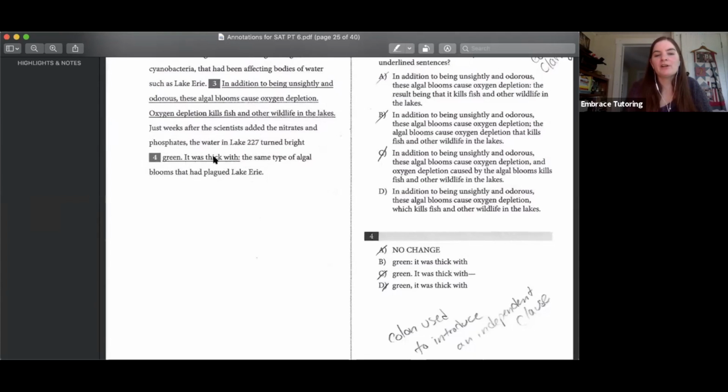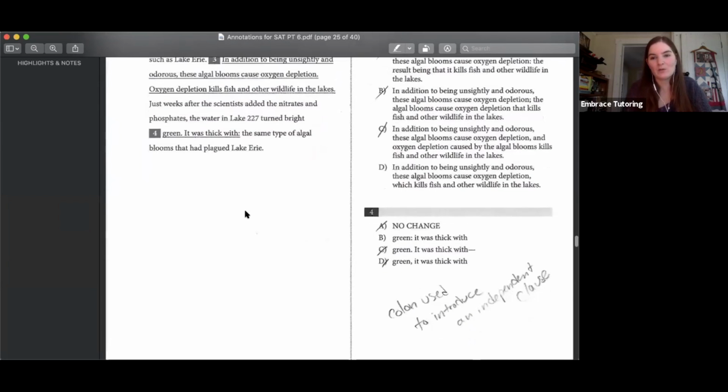So here, we're definitely dealing with a punctuation-based question, okay? But we're also dealing with an independent clause-based question, so combining sentences type questions. So we have to look not only at this punctuation, but this colon here as well. Okay, so we have to figure out what makes the most sense.